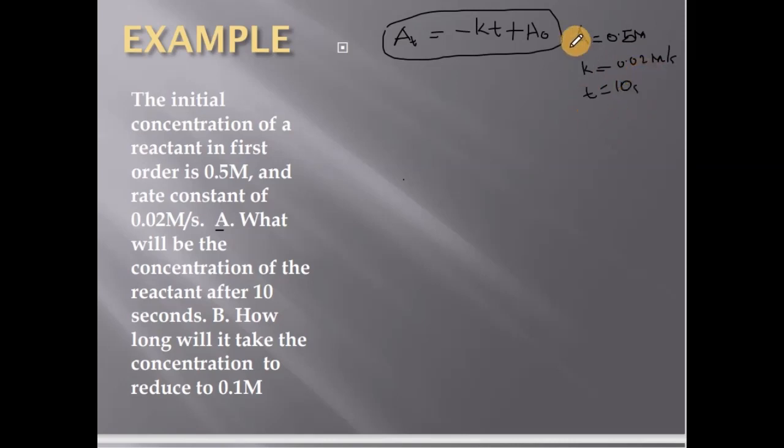Then this one is A naught. Then we want A_t. For the first one, the A_t is what we are looking for.